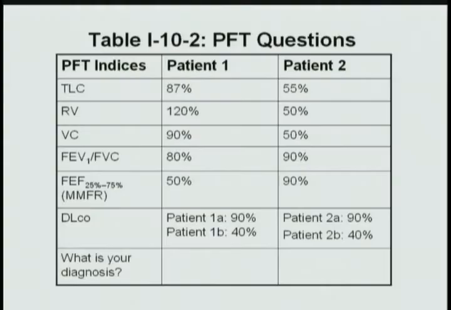Now, I need to take a look at one third thing, the DLCO. Remember we said that's the third part. And I look at patient 1A, that's the first possibility, 90% of predicted. So this patient has an obstructive pattern with 90% predicted. That's a normal DLCO.